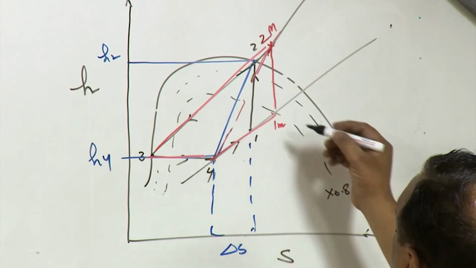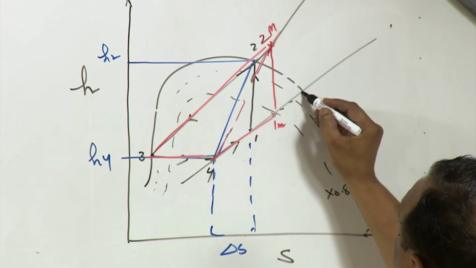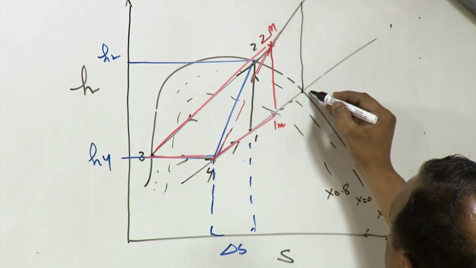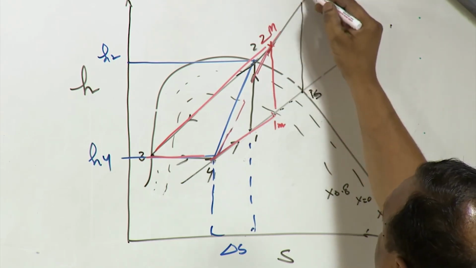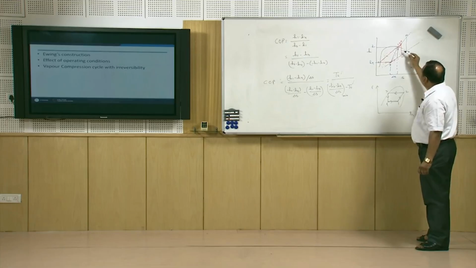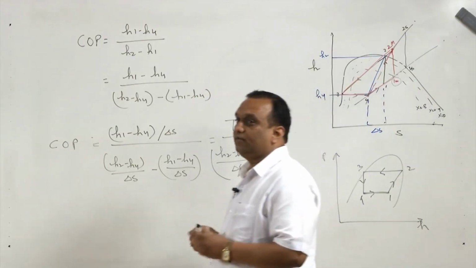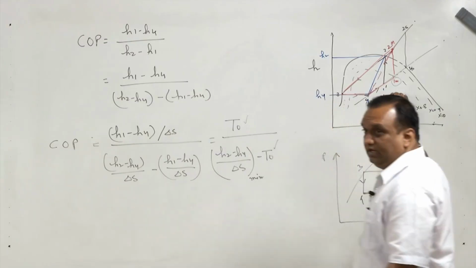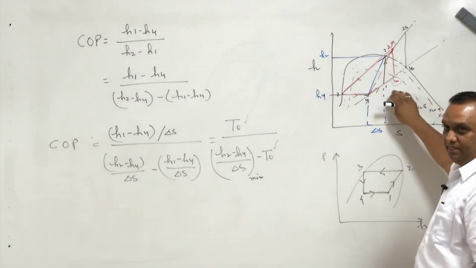Now, if we further increase the quality, we can come up to here, then we will be getting 1s, from 1s to 2s. But this value of 1m is different for different refrigerants. In some refrigerants like ammonia or R22, it is in the wet region.